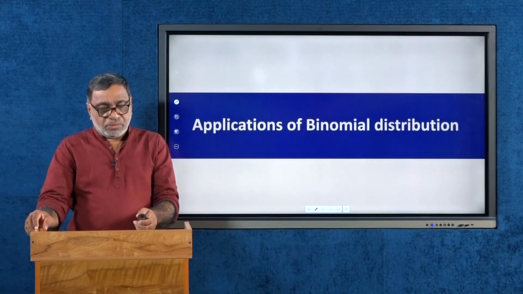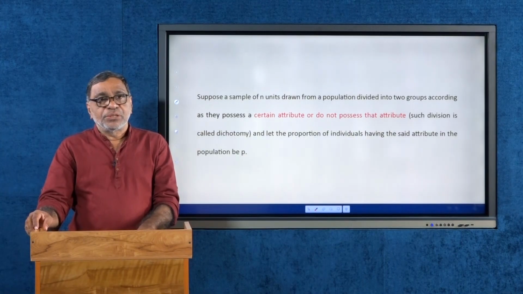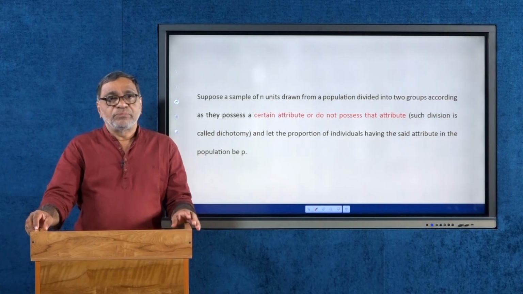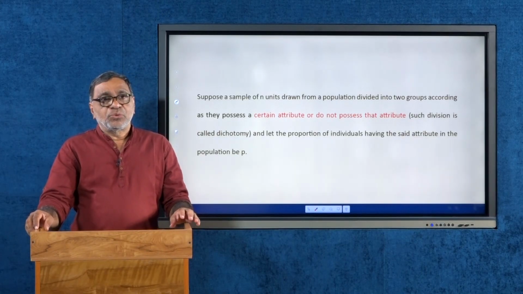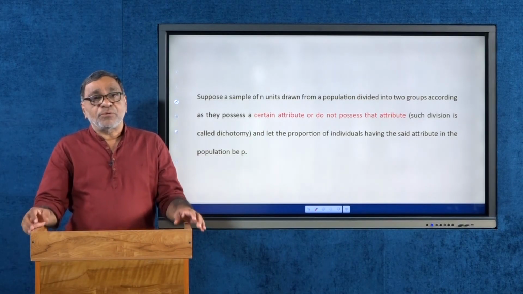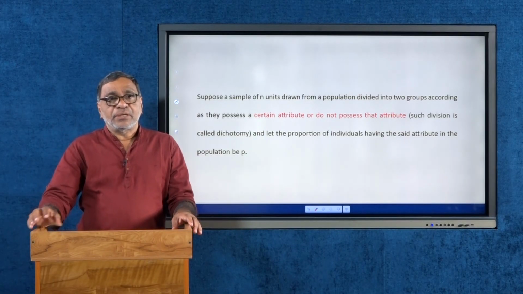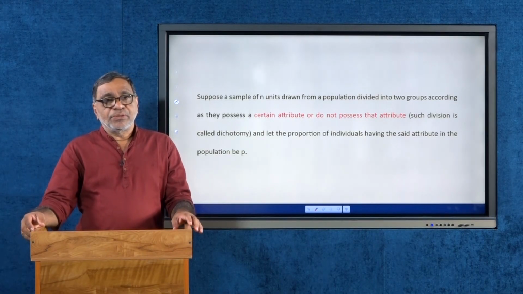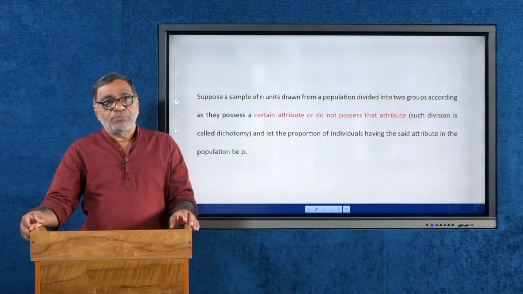As you know, binomial distribution is actually applied when we are considering a random experiment, and for that random experiment we have only two outcomes, which we call success and failure.